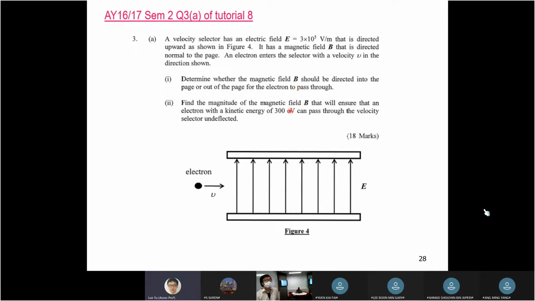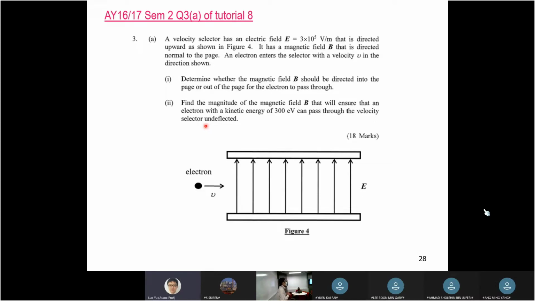So two parts. Normally for the particle filter, we apply the right-hand rule to determine the direction of the magnetic field, or it will ask you to find out either the velocity, or the magnetic field, or the electric field.